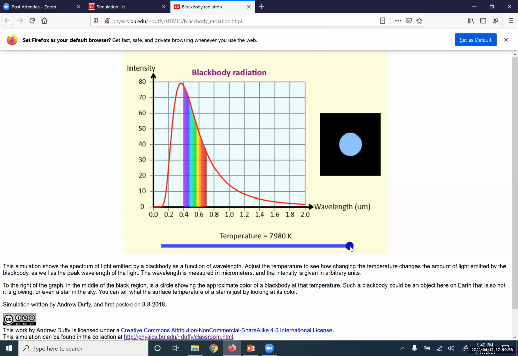If we change the temperature, we find that the product of lambda and T is always the same. In this case the peak value changes, and the lambda value shifts. You can see it clearly over here. So you can play with these simulations.